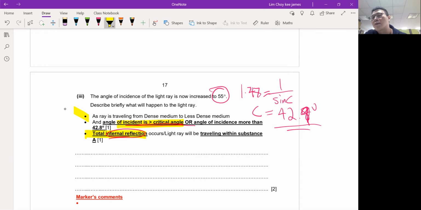So students, you need to make sure you have all these 3 sets of keywords, because this is what the examiner is looking out for.